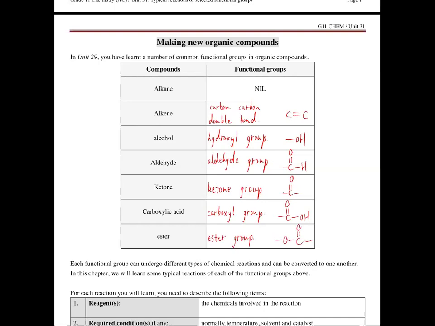Okay, so that's a quick revision of all the functional groups we have learned before. And remember, we have the name for C=O. We call that carbonyl group. As you can see, from aldehyde to ester, these four functional groups all contain the carbonyl group.